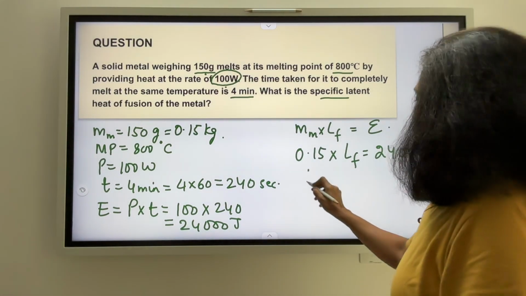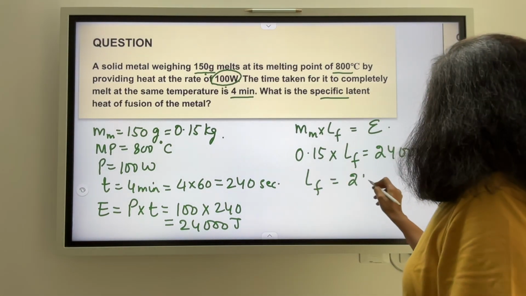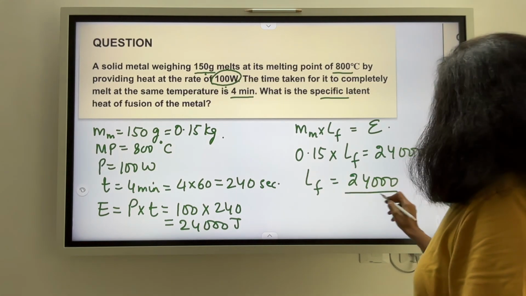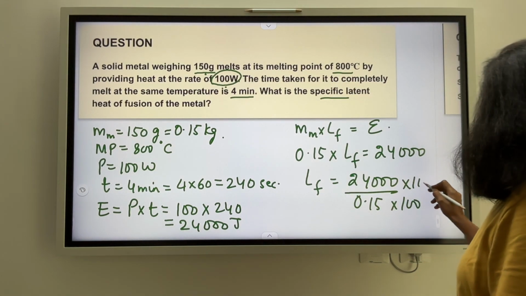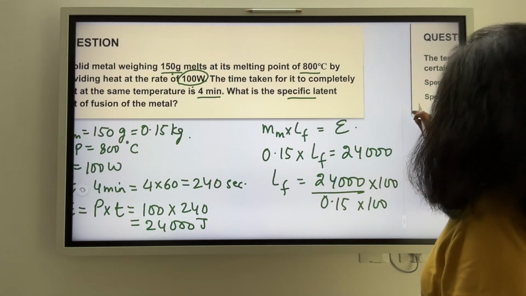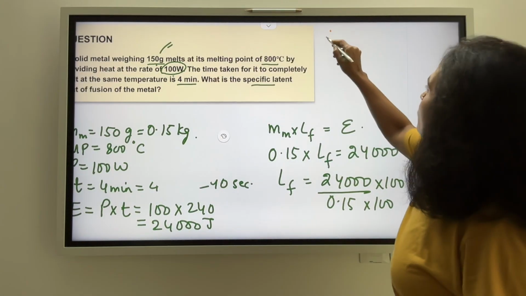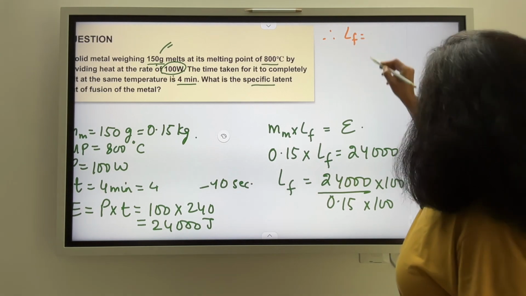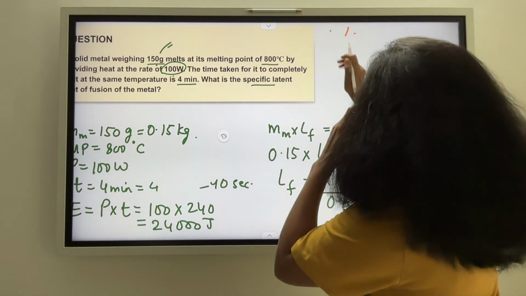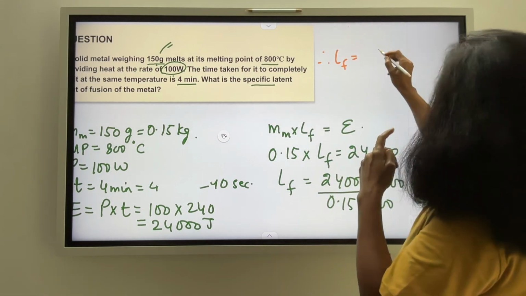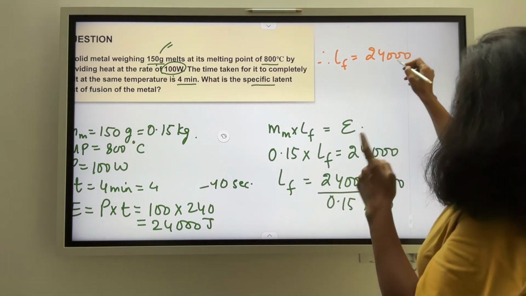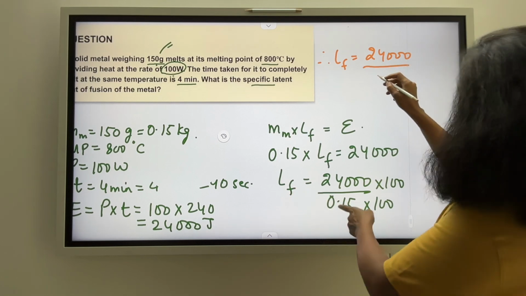अब करना क्या है? छोटा सा कैलकुलेशन which is 24,000 डिवाइडेड बाई 0.15. न्यूमरेटर डिनोमिनेटर दोनों को 100 से मल्टीप्लाई करेंगे. सो क्या होने वाला है? Therefore, latent heat of fusion is equal to what? What is the value? 24,000 divided by 0.15. So multiply किया हमने.